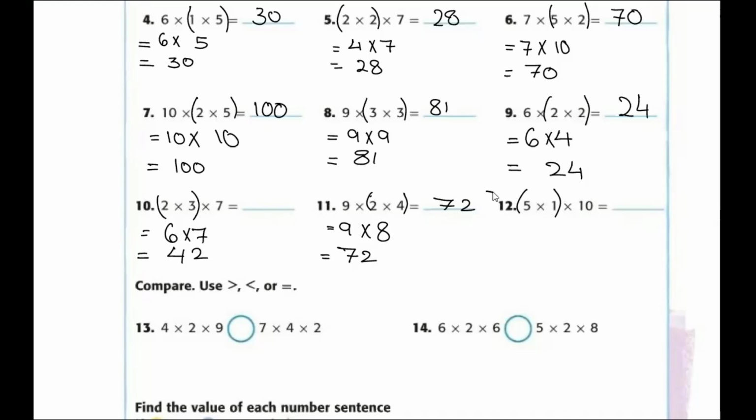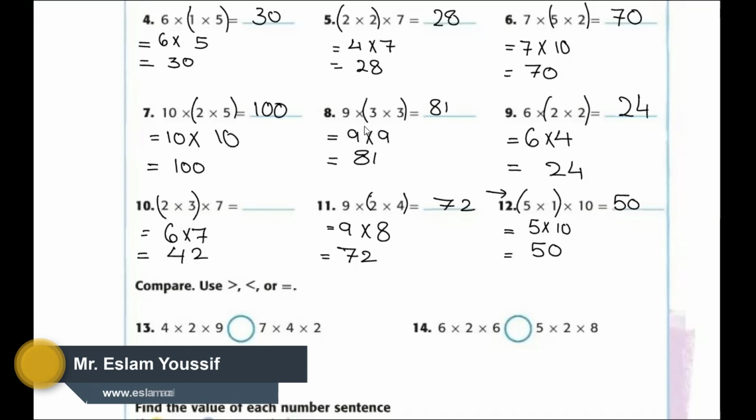We move in order from left to right. What is the first one? The first that we have a bracket, so we'll solve the bracket at first. Then the number, put the number at the first. So 5 times 10 equals 50.